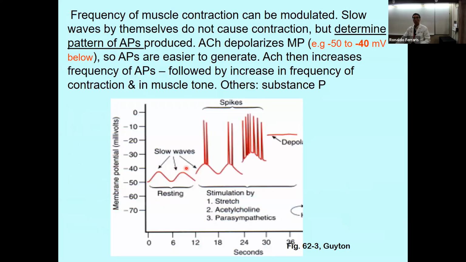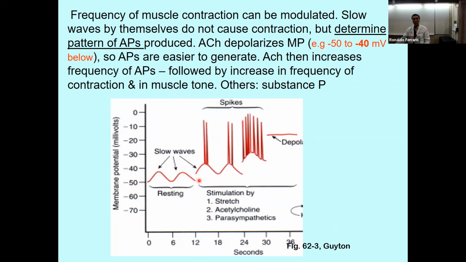Okay, so here is a graph. This represents your membrane potential. This is time. And these are your slow waves in a smooth muscle. So that's what's happening.